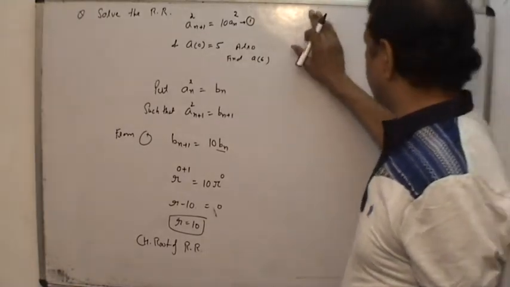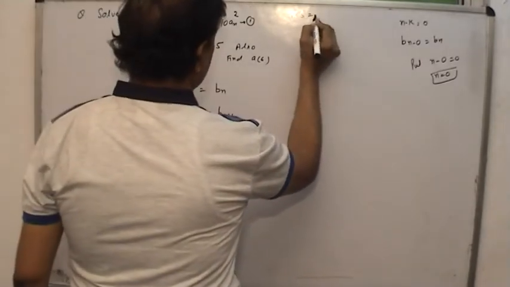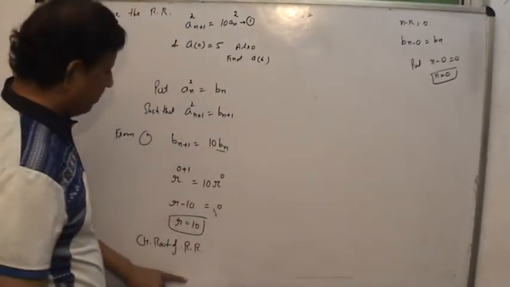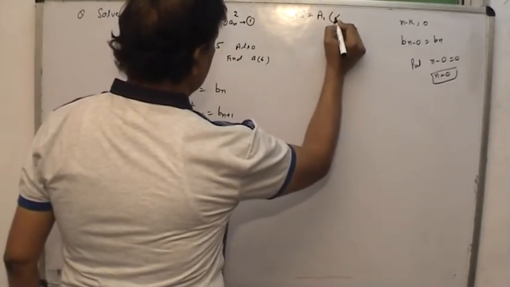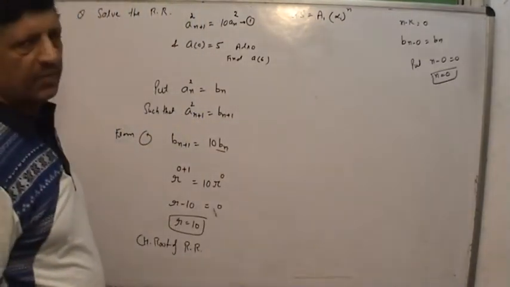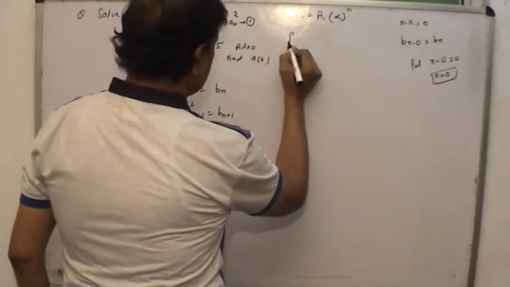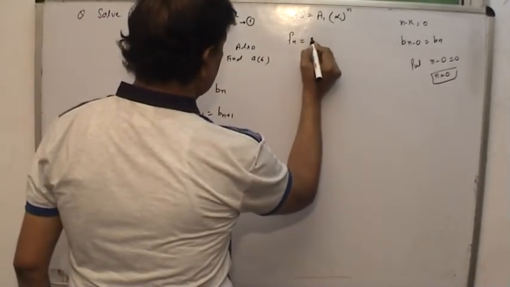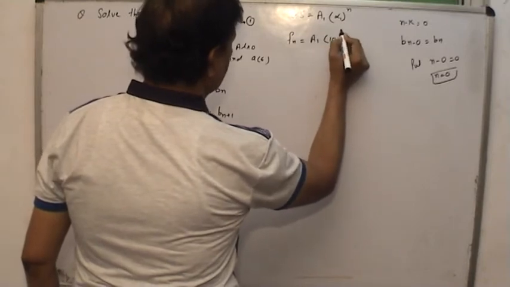The general solution is equal to a1 into alpha raised to the power n. Since the root is single, we write the general solution fn is equal to a1 into 10 raised to the power n.